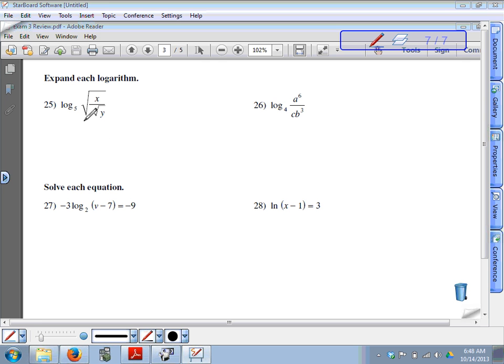Okay. For number 25, it's much easier to expand logarithms when you're dealing with exponents and not radicals. First thing I would do is change these radicals into exponents. So this is log base 5 of x over y to the 1/2, to the 1/2.